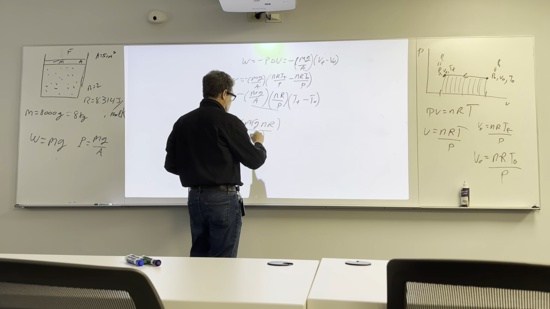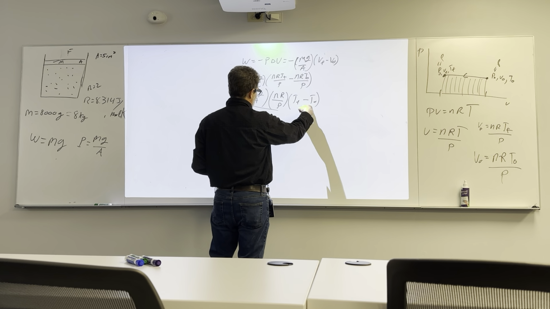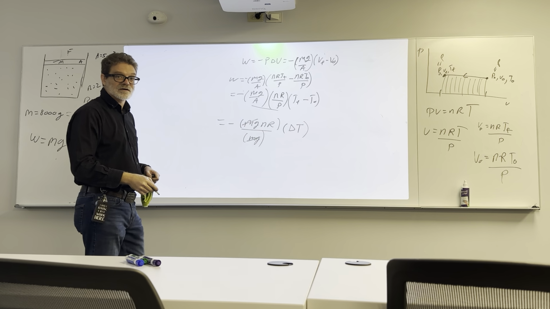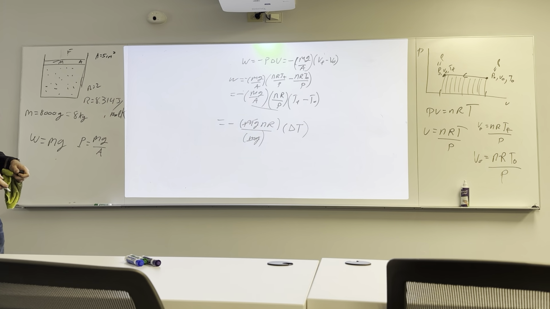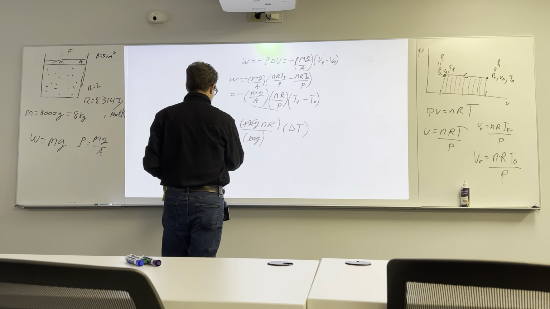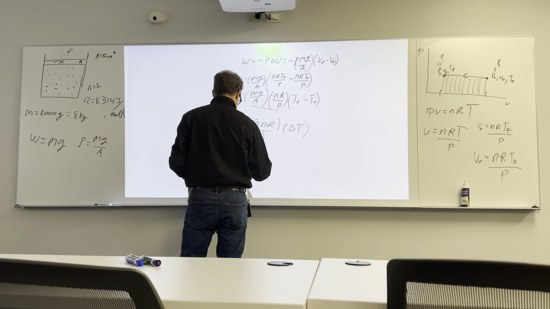So I didn't have to convert that area anyways. And then T final minus T initial, that's just delta T, isn't it? So the work is minus nR delta T.